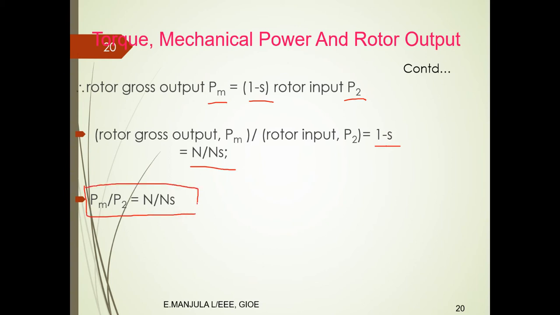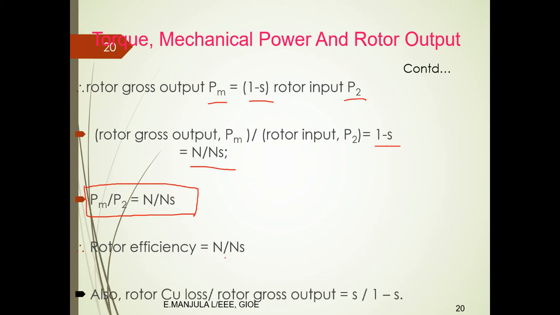Hence rotor gross power divided by the rotor input is equal to rotor speed divided by synchronous speed, which is also equal to 1 minus S. So rotor efficiency is equal to N by Ns, which is also 1 minus S. So this I can put as equation 6.